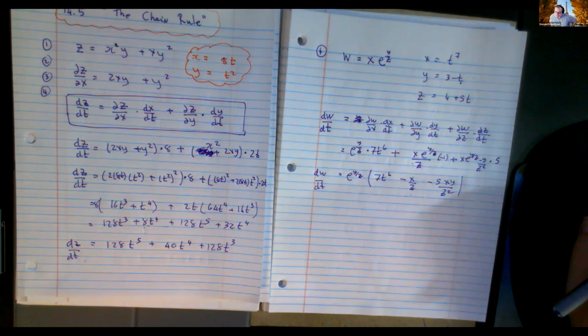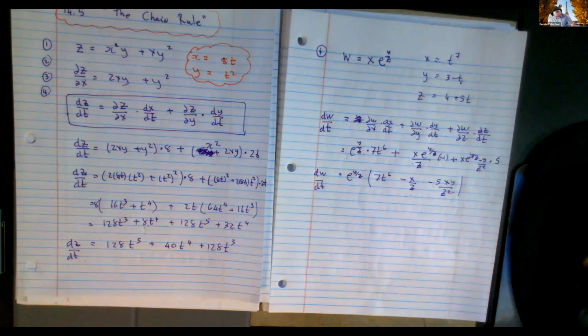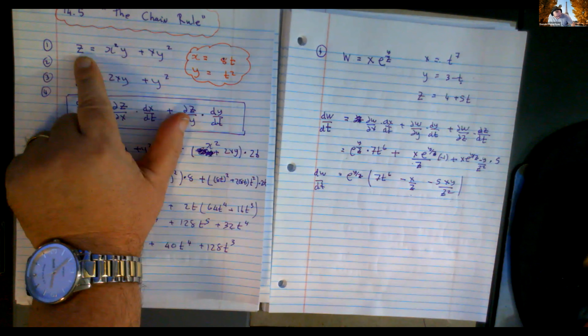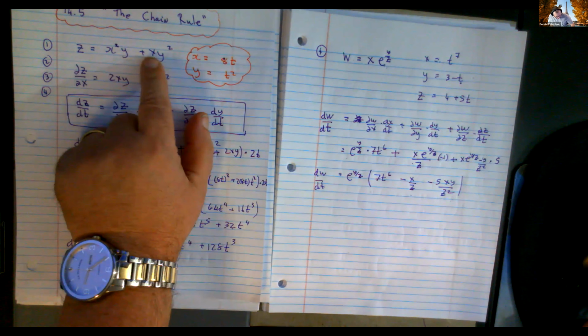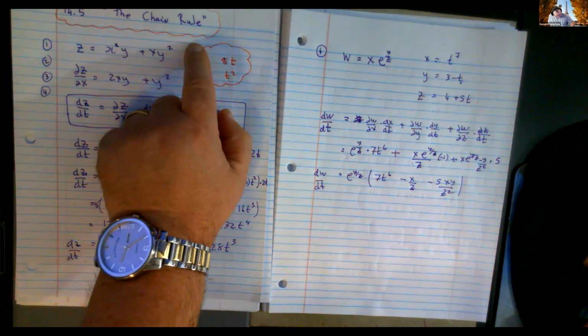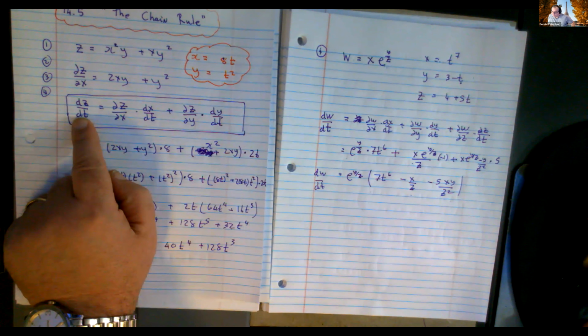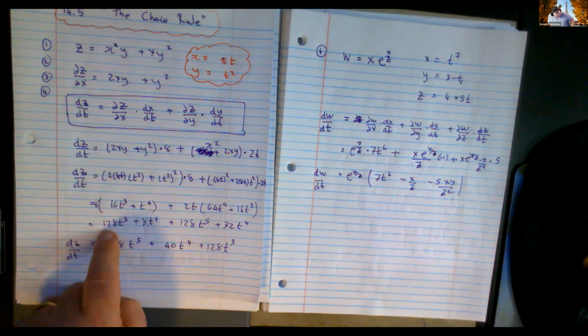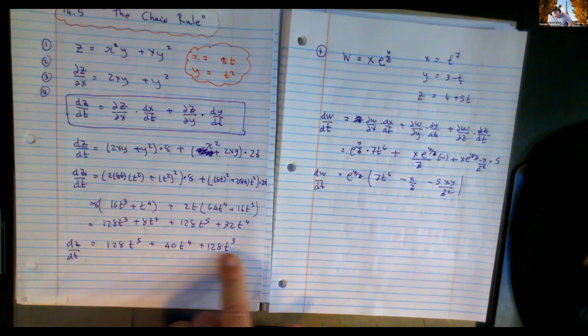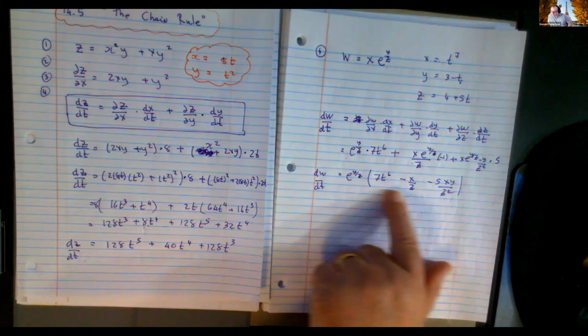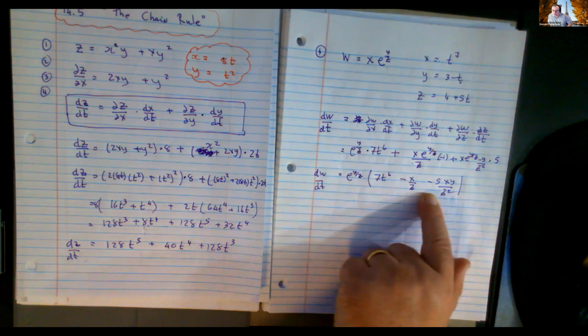Do you feel comfortable then if I give you a function z in terms of x, y or x, y, z, and each of the variables is in terms of t? Do you feel comfortable you could generate the chain rule formula for whatever situation you've got and do the bits, either turning it all into t's or leaving it in this kind of halfway stage, depending on what the answer is?